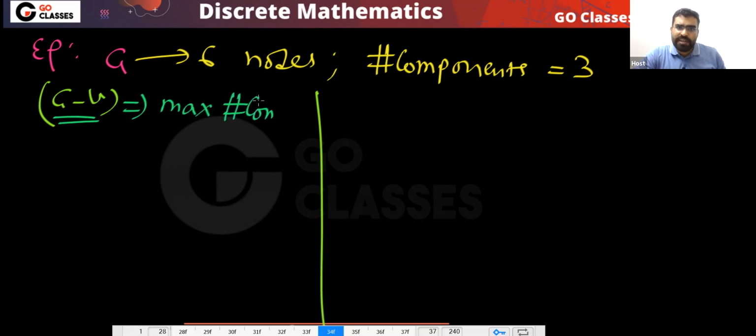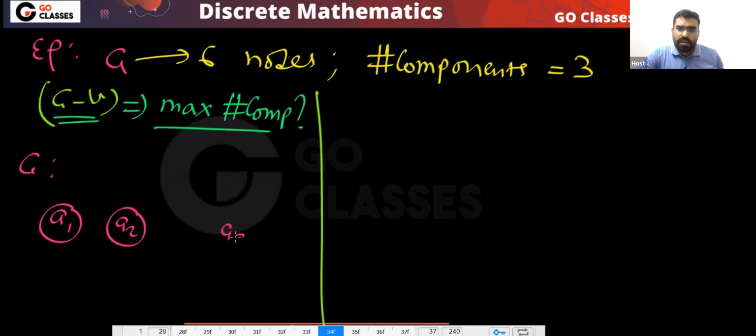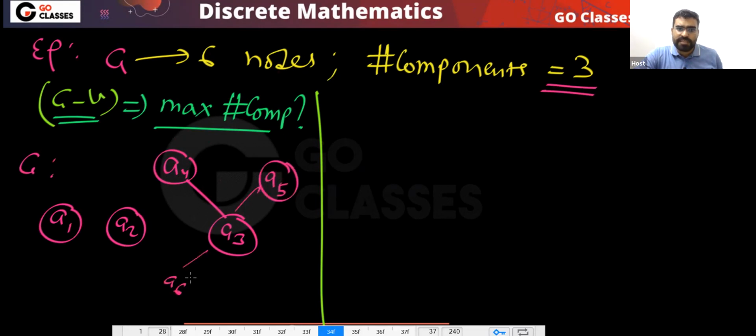Then what type of graph will I take? This graph I will take: A1, A2, A3. Remember there are 3 components. So I can take this type of graph, A4, A5, A6, and what I will do is remove this vertex.